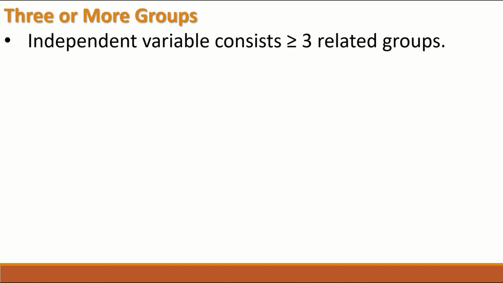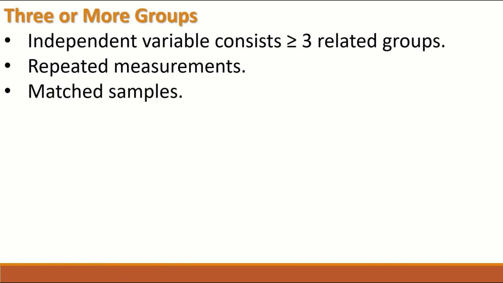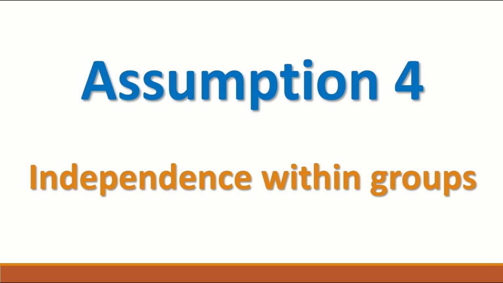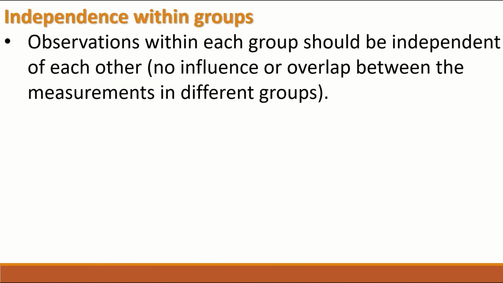So the independent variable should consist of 3 or more related or matched groups, i.e. repeated measurements, which means that the samples are matched. The fourth assumption is independence within groups, which means that the observations within each group should be independent of each other.